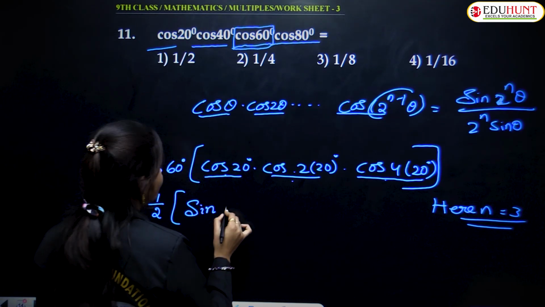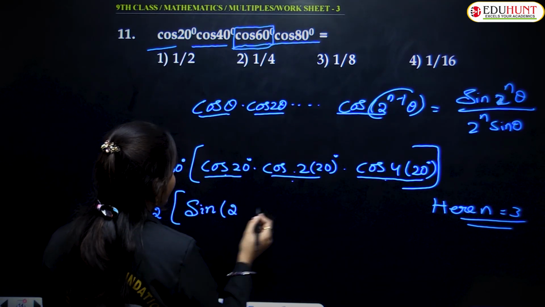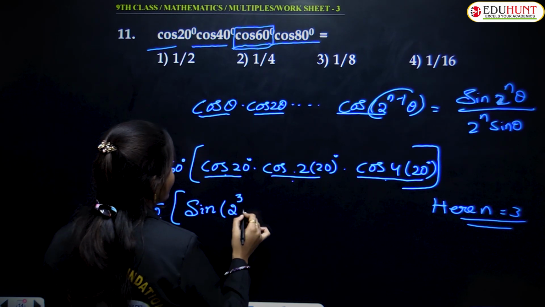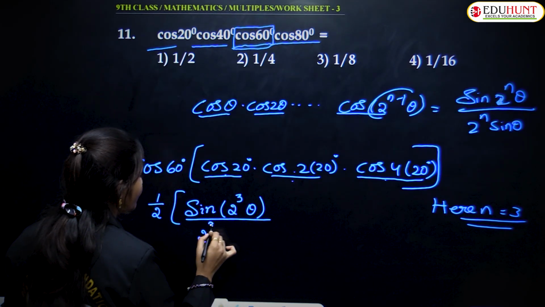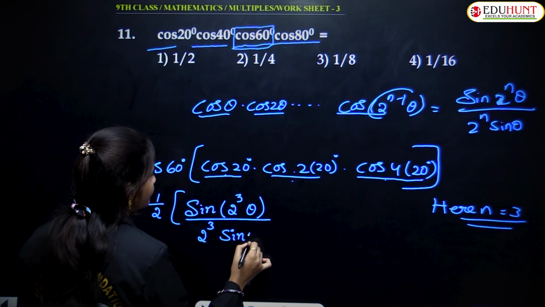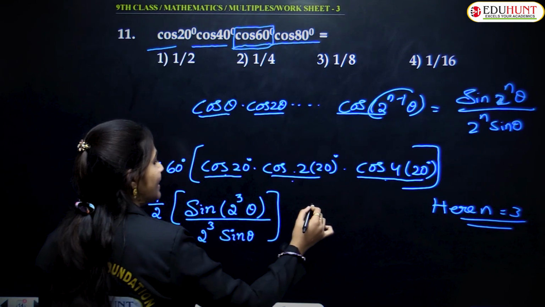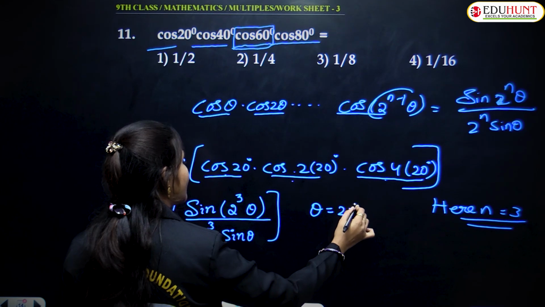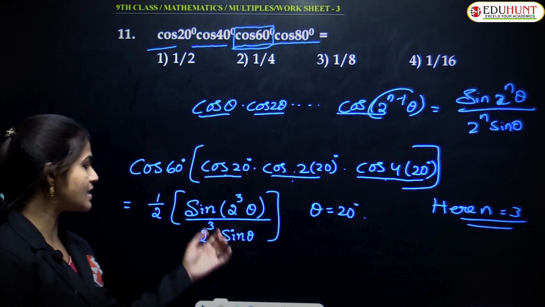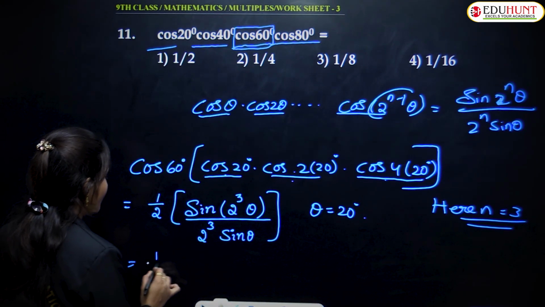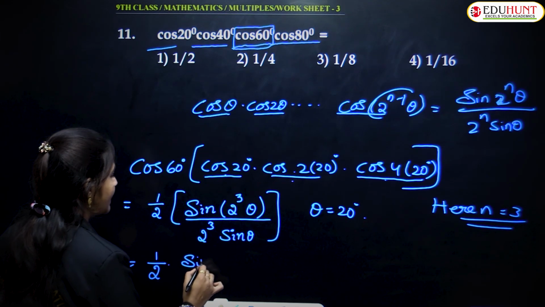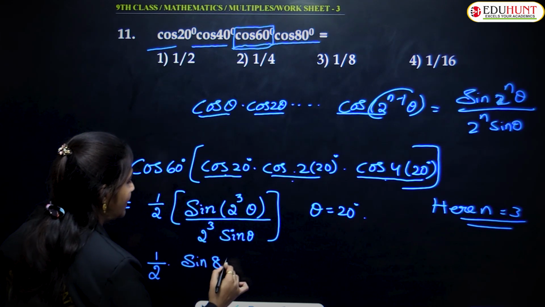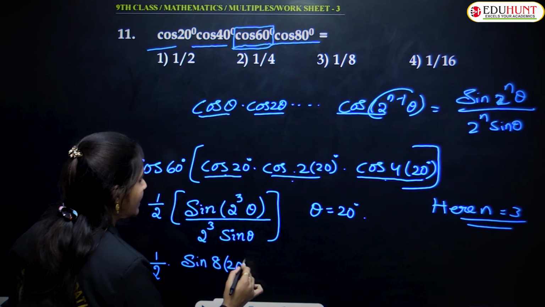Okay, so directly apply that formula here. Sine into 2 power, how many terms are there? 3 terms. So sine of 2 cube into theta, whole by 2 cube sine theta. And here theta is equal to 20 degrees.